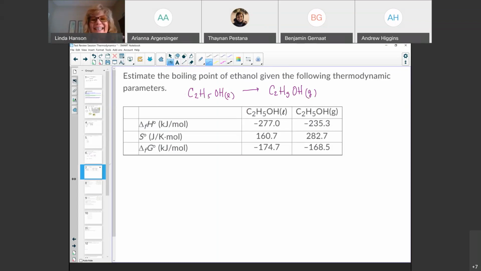Except there's one key part of phase change. Phase changes, I don't care if it's melting, freezing, boiling, or condensing, phase changes are dynamic equilibrium. And that is so key to this problem. Let me get that written down.